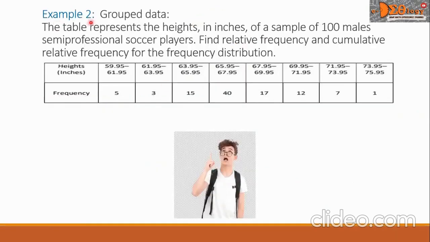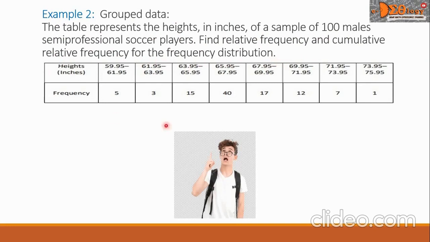Let us have example 2. This time for grouped data. The table represents the heights in inches of a sample of 100 male semi-professional soccer players. Find relative frequency and cumulative relative frequency for the frequency distribution.